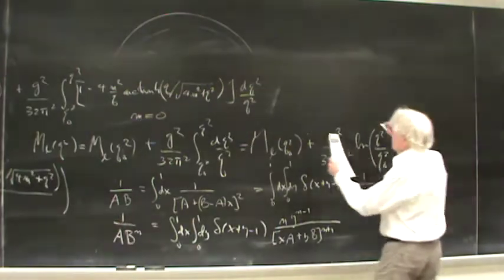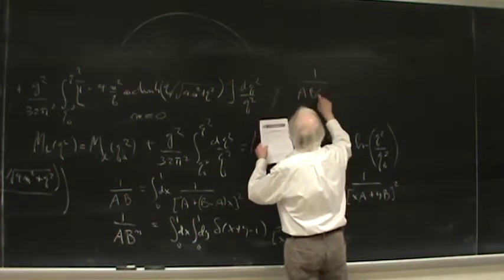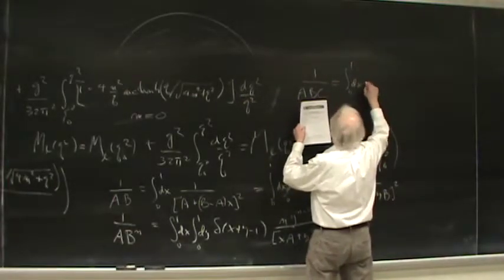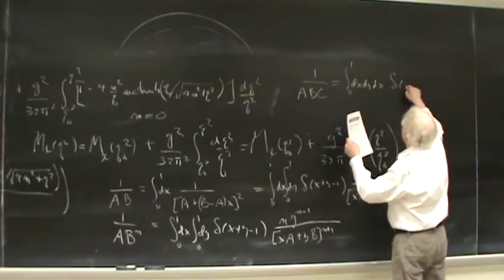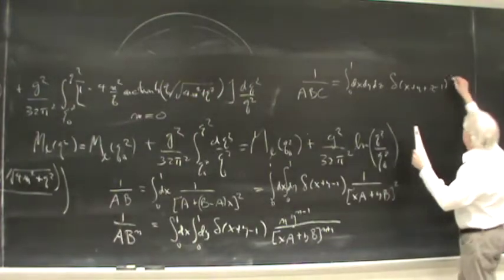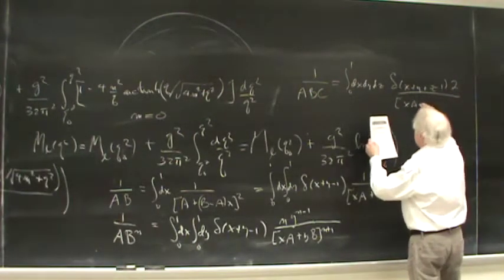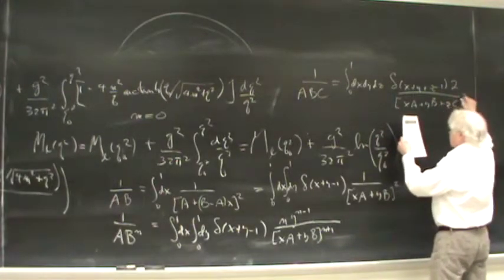And another Feynman integral is 1 over ABC, which is the integral of dx, dy, dz, they're all 0 to 1, delta of x plus y plus z minus 1, and then 2 over (xa plus yb plus zc) cubed.